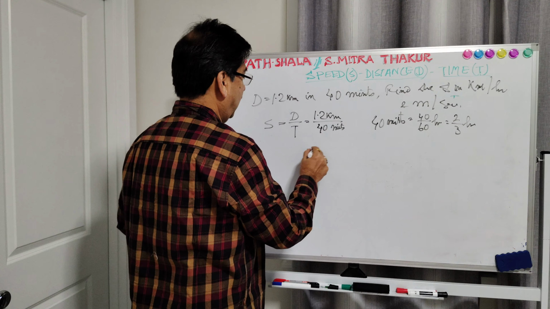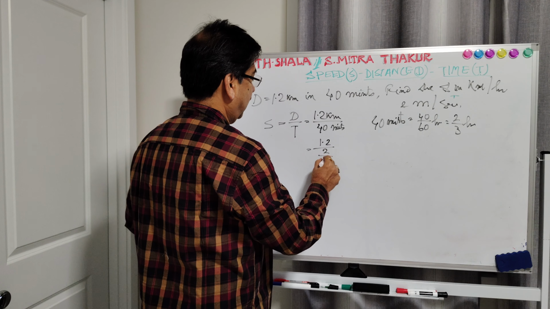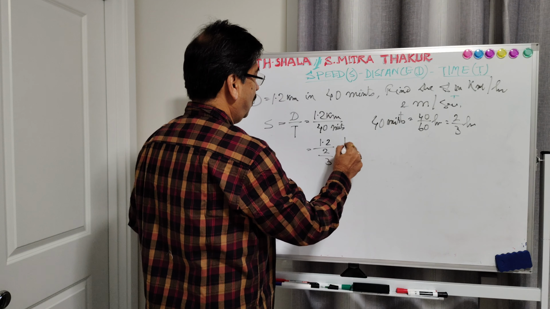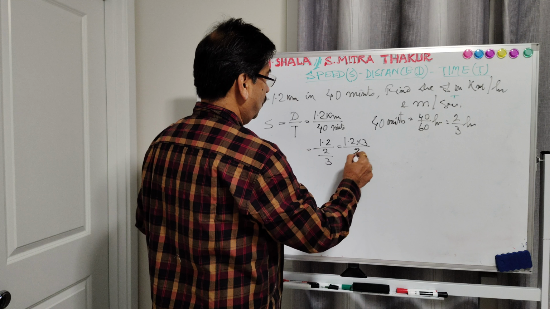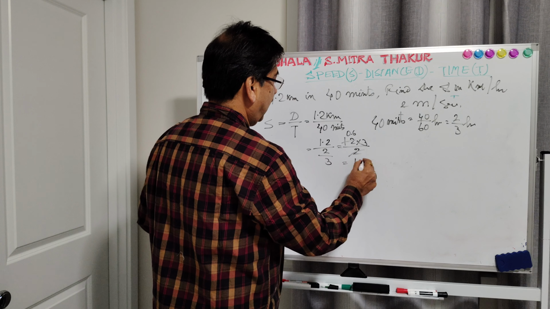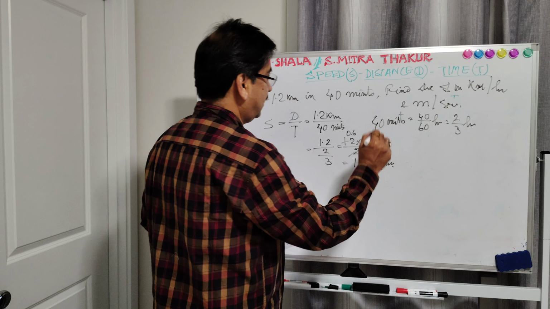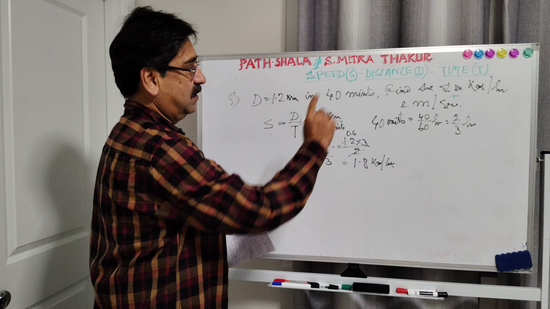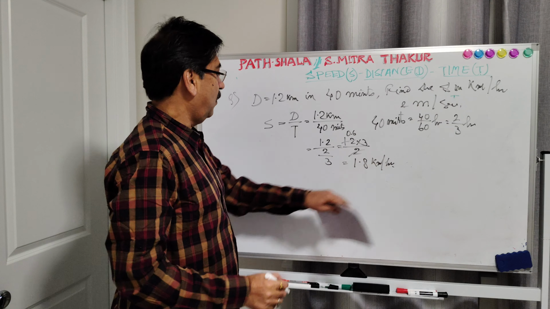So it will be 1.2 divided by 2 by 3, that is 1.2 into 3 divided by 2. That is 1.8 kilometer per hour. This is the first answer, that is how the speed is calculated in kilometer per hour.